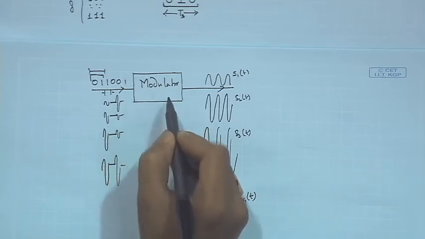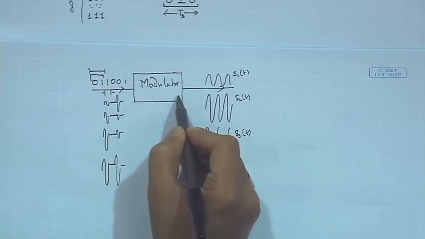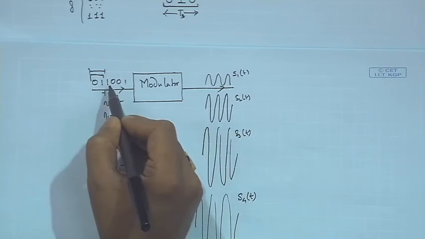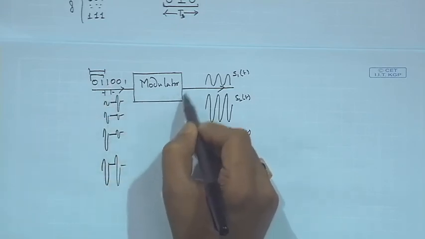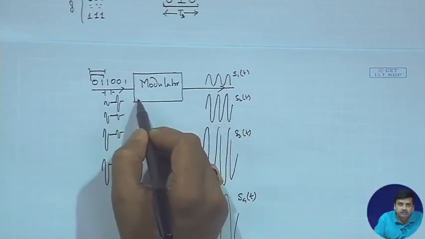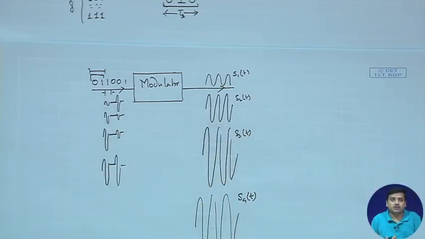Now, if the modulator sends things at a rate faster than the rate at which things come in, it would be generating waveforms even if there are no bit streams, which would act like a source, which is again an undesired property.